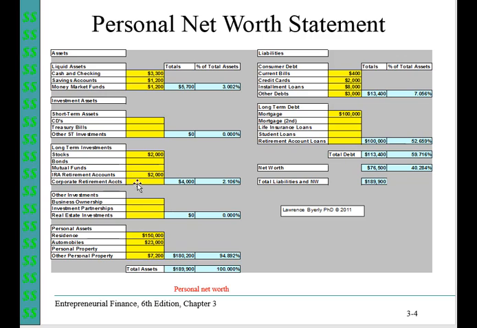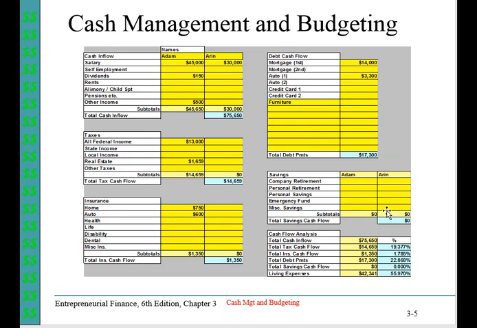So you can see as retirement accounts grow, your net worth should grow. As the value of your home increases and the mortgage decreases, net worth should grow. So our overall goal in investing for the future is to try to find ways to get net worth to increase. So how can we do that?